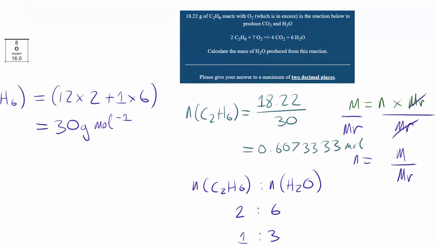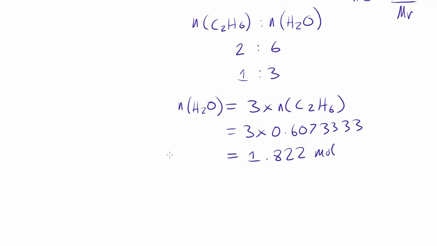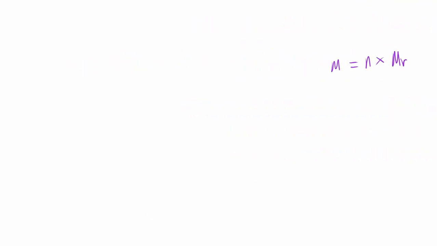We need to get the mass from the moles. And what's the equation that relates to? Again, it's the fact that mass is equal to the amount of substance, moles, which you have, multiplied by the molar mass, which at this stage we haven't worked out for H₂O, but it's quite straightforward. We can refer back to the periodic table again.